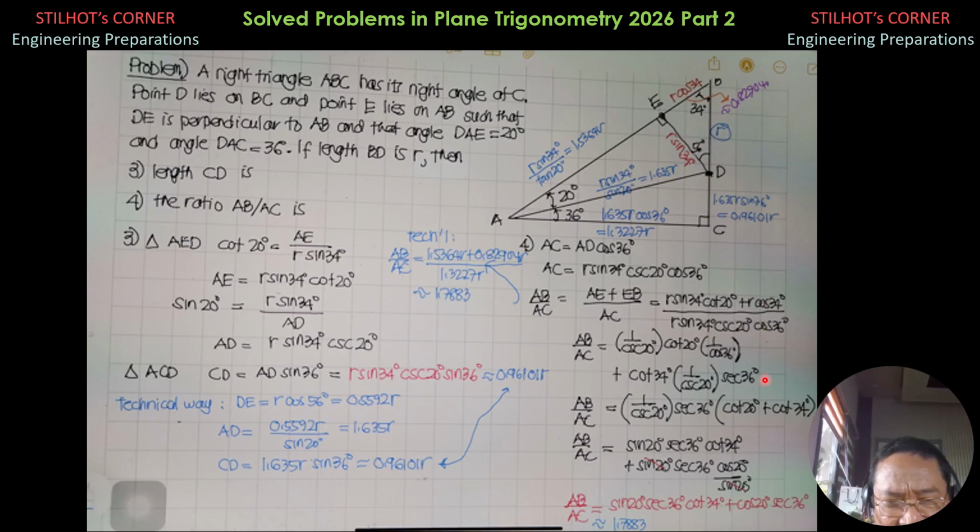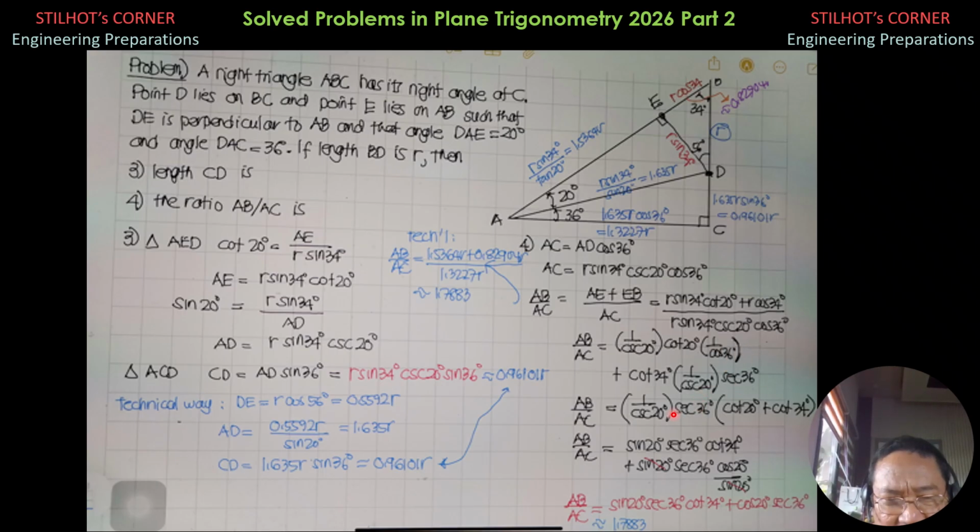So we have a common factor, because this is secant 36 also. So let's simplify first: 1 over cosecant 20, then secant of 36, times quantity, these are the common factors, 1 over cosecant 20 and secant 36. Take note, this is also secant 36.